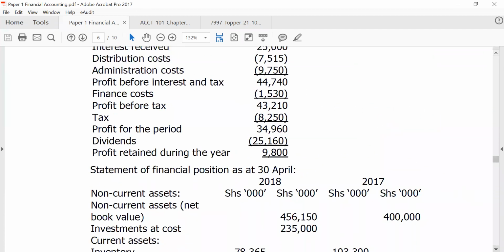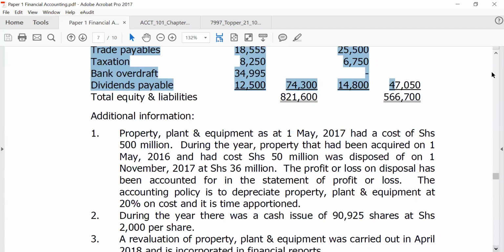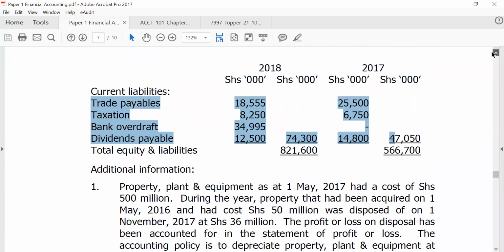If there's any that has not yet been paid, it would be under your liabilities. But here we don't have any, so whatever we have there was actually paid. So I'm going to take that figure as it is. In case you had an item as finance cost in liabilities, you would open up a T account and calculate the interest that was actually paid.